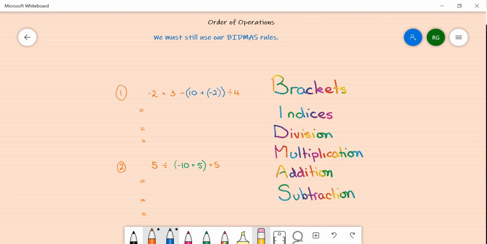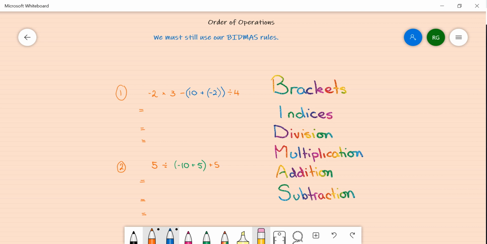The first one here, number 1, is one long example. It is -2 multiplied by 3 minus all of the stuff inside the brackets. Now you will also note that there are brackets within the brackets. We know that you need to do the brackets inside the brackets first of all.